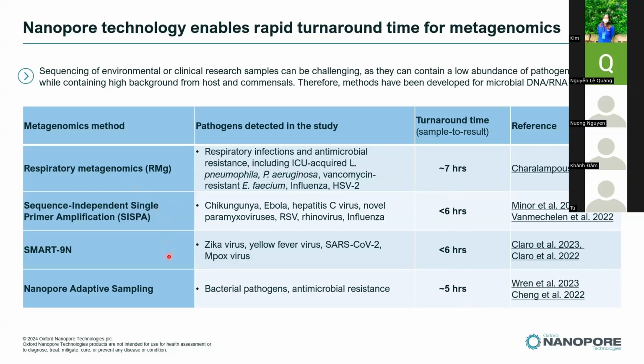CISPA and Smart-9N are able to detect viruses like Ebola, SARS-CoV-2, or Mpox within 6 hours. And with adaptive sampling, it can deliver results in 5 hours and can efficiently detect bacterial pathogens as well as antimicrobial resistance.